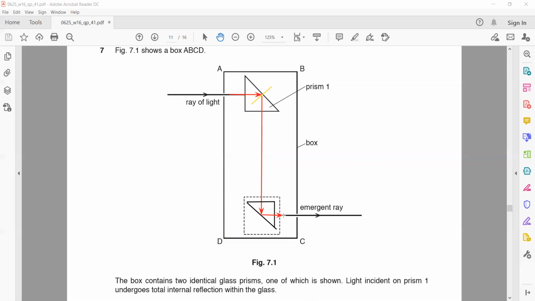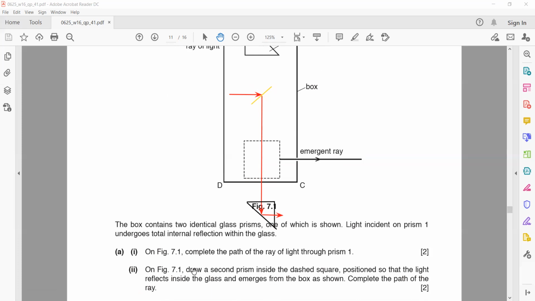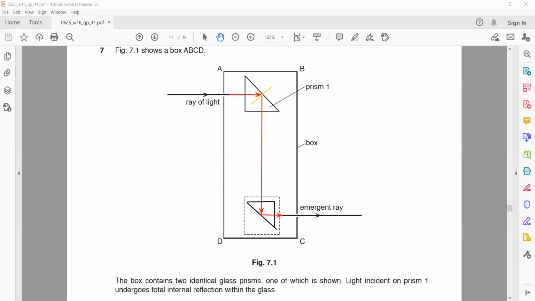It is placed the other way around, so that the light strikes prism 1, undergoes total internal reflection, hits prism 2, undergoes total internal reflection and emerges out from the other end. So this is the figure which you have to complete. Is it clear? Part A1 and A2.